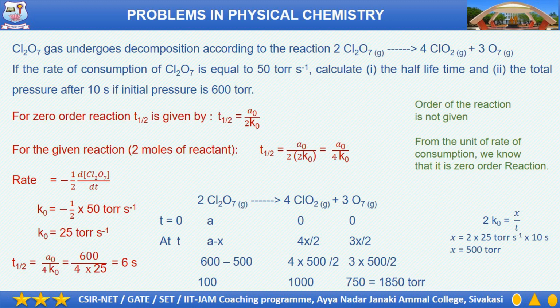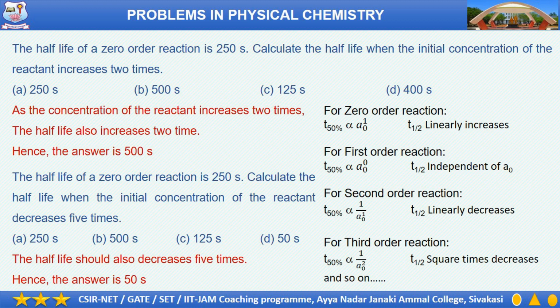Sure. Shall we go to the next type of problem? Take down the next type of problem. The half-life of a zeroth order reaction is 250 seconds. Calculate its half-life when the initial concentration of the reactant increases 2 times.